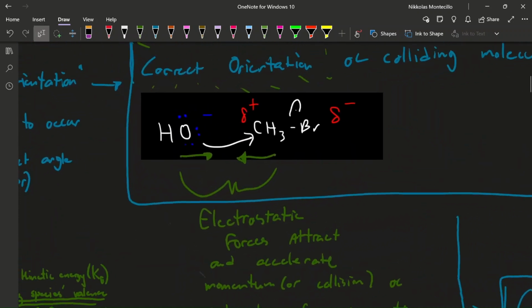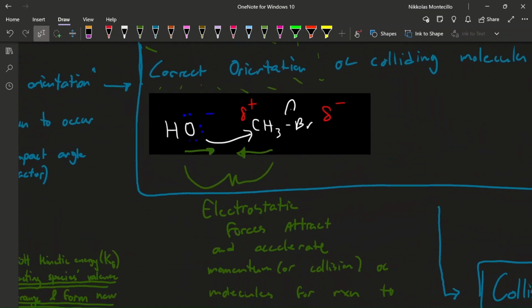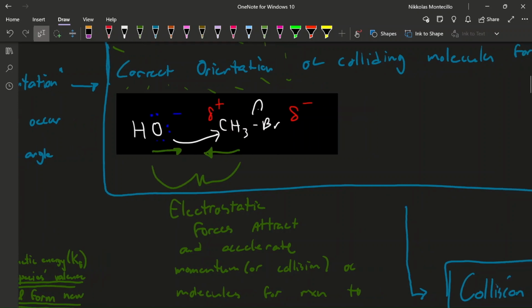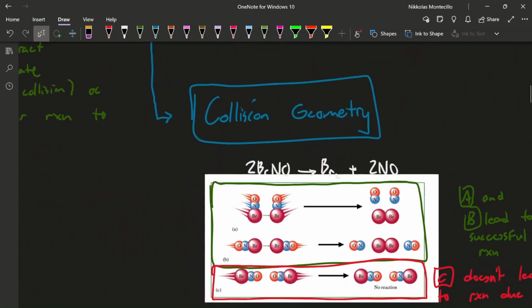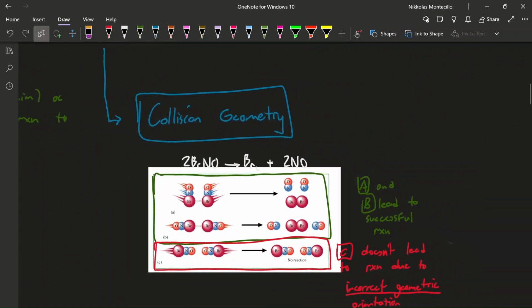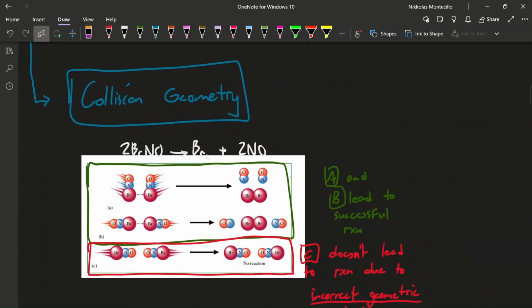So we can see here that in this example, electrostatic forces are oriented in a way that attract the two molecules together and accelerate momentum or collision of molecules, allowing for a reaction to occur. So this is just a further example that elucidates the concept of collision geometry.